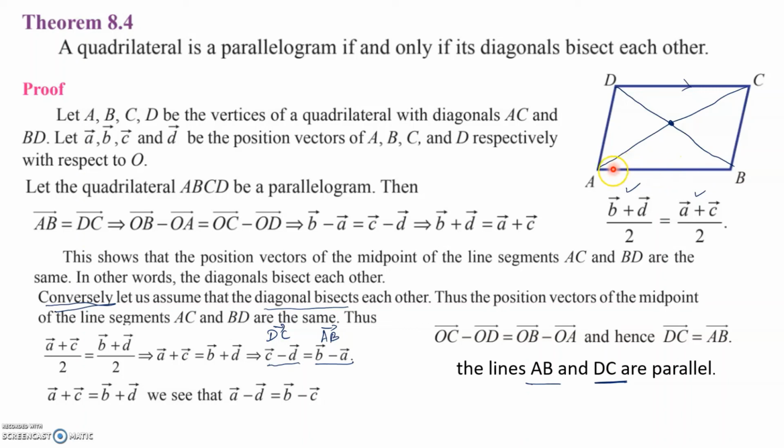Therefore, this is a parallelogram. So for both conditions, starting with the condition that it's a parallelogram, we proved that the diagonals bisect. And conversely, we started by saying the diagonals bisect, and we proved that it's a parallelogram by showing that the opposite sides are parallel. So that proves our theorem.